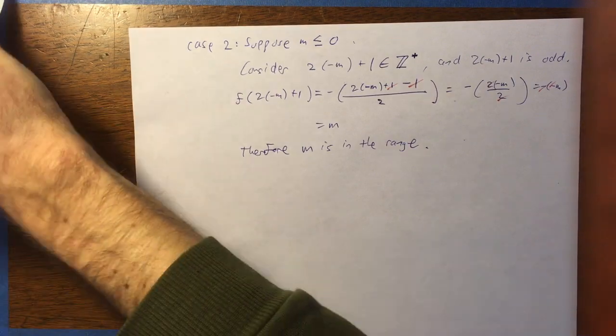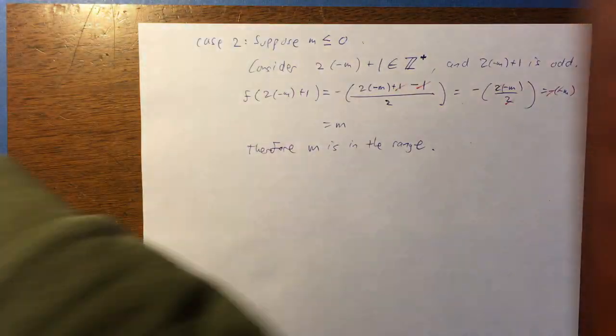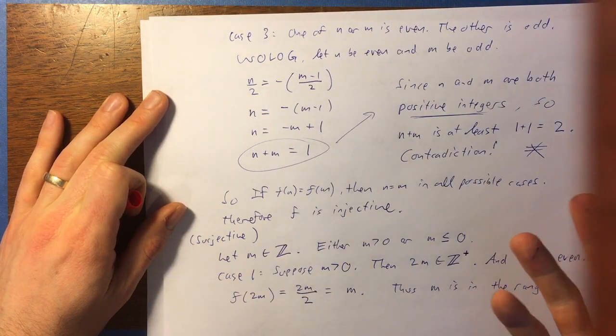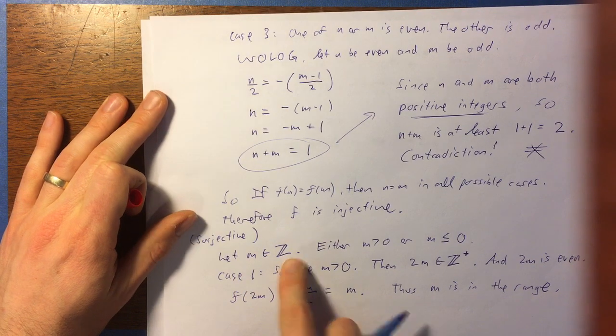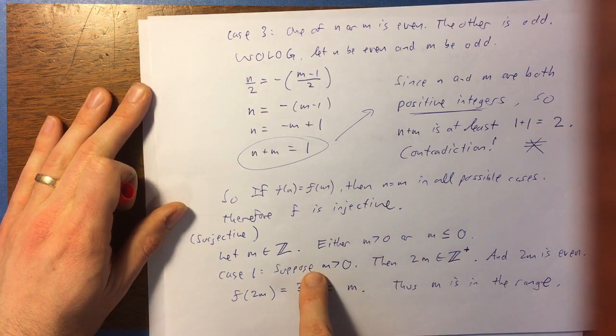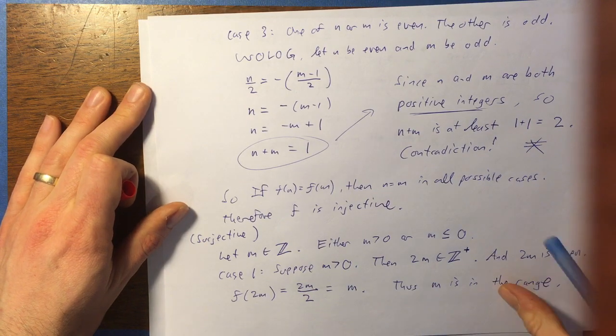Okay, I've just proven now that given any integer m in Z, any integer m, it's either going to be positive or not positive. If it's positive, then I showed that it's got to be in the range because I was able to find a pre-image for it, something in the domain that maps to it.